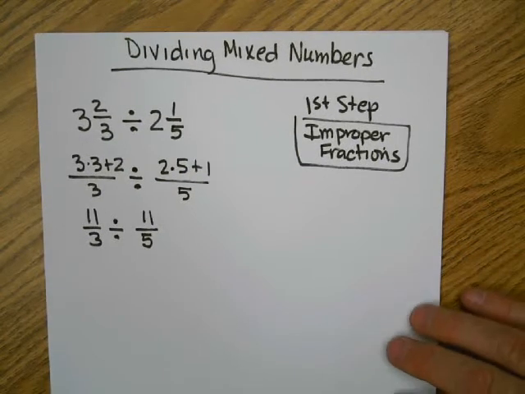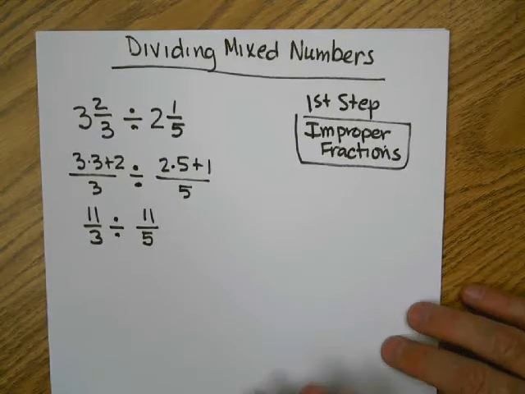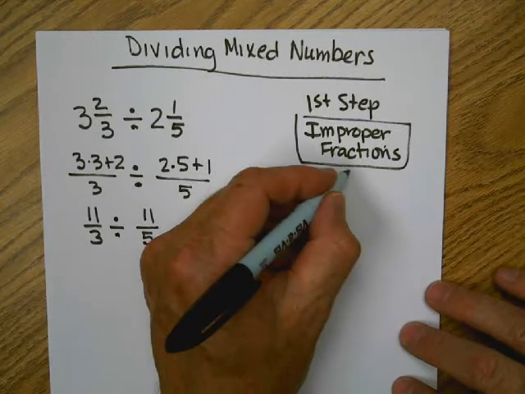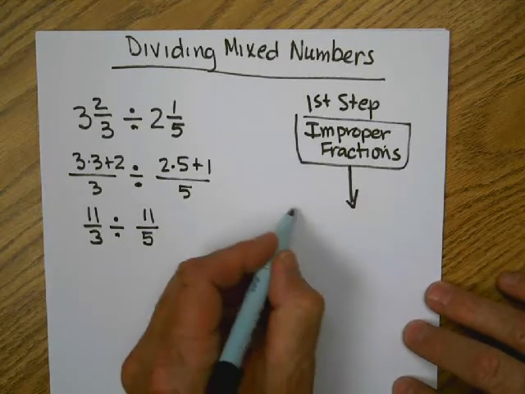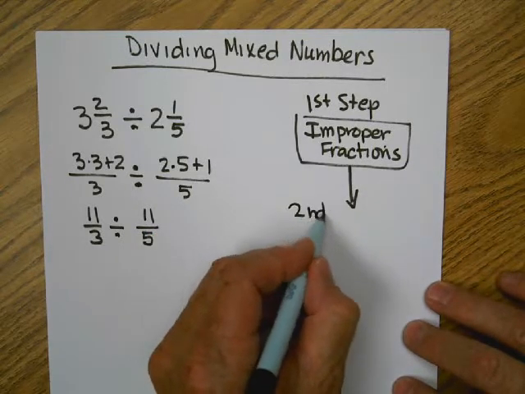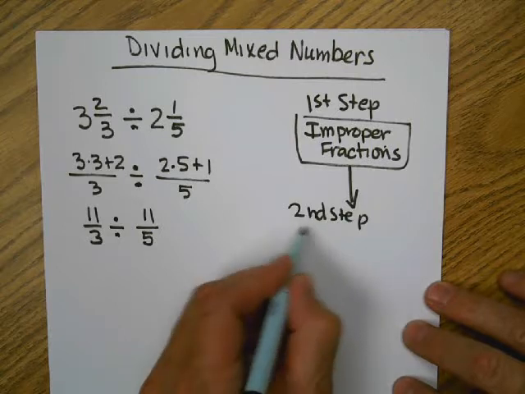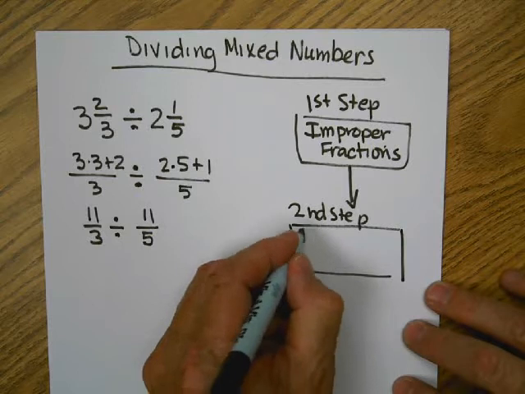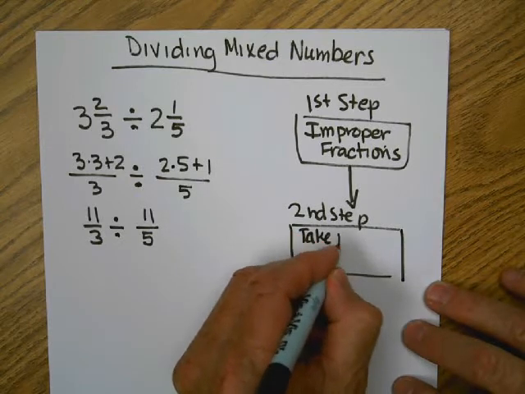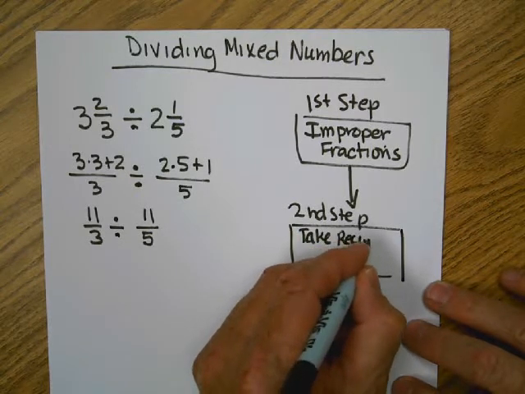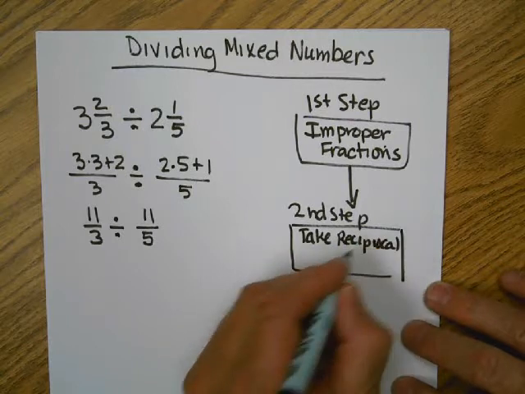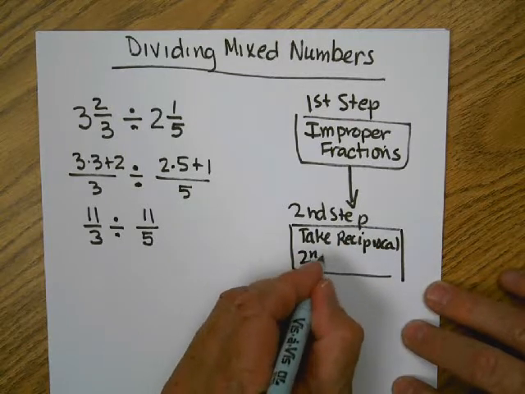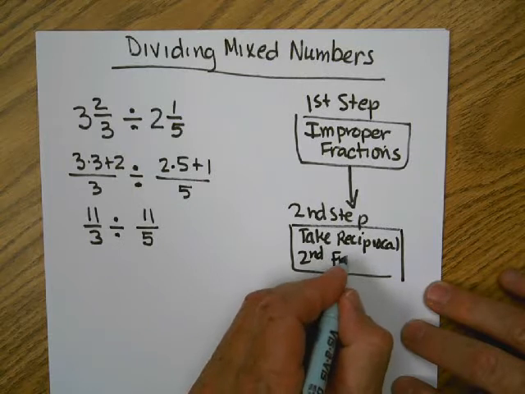Now, when we divide fractions, we want to take the reciprocal of the second one and multiply. So our second step is to take the reciprocal of the second fraction.